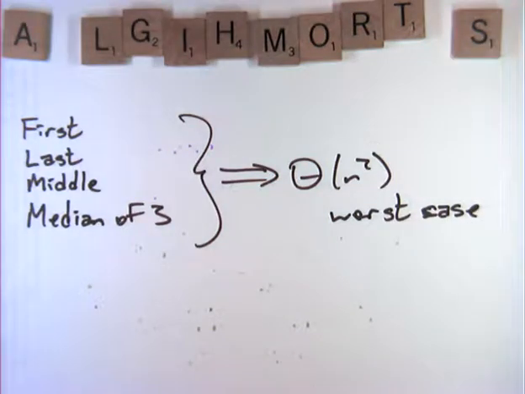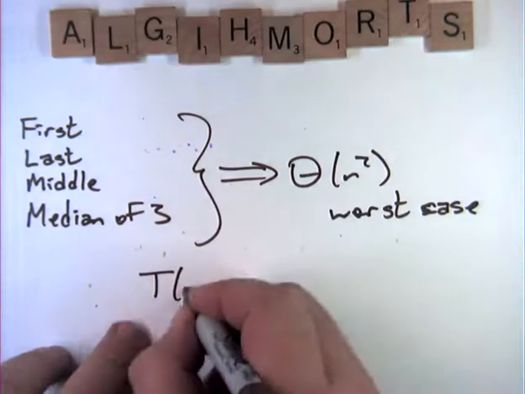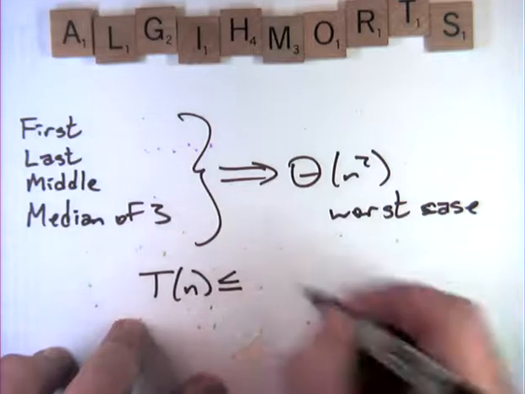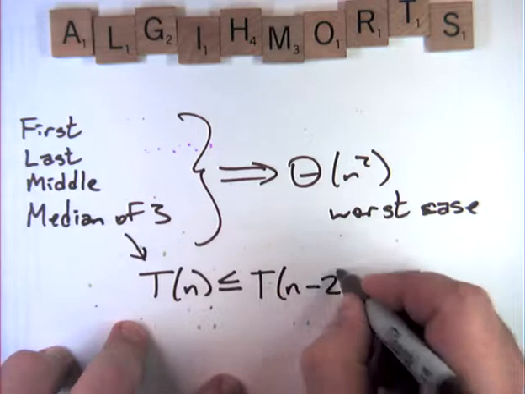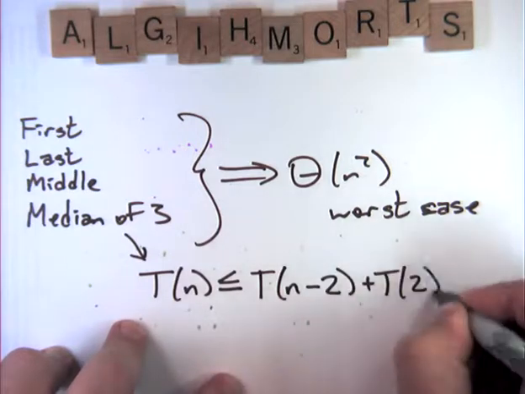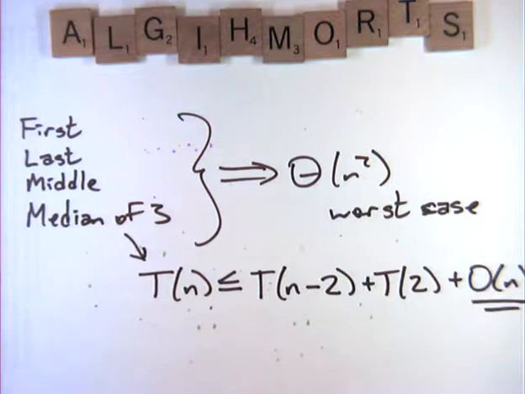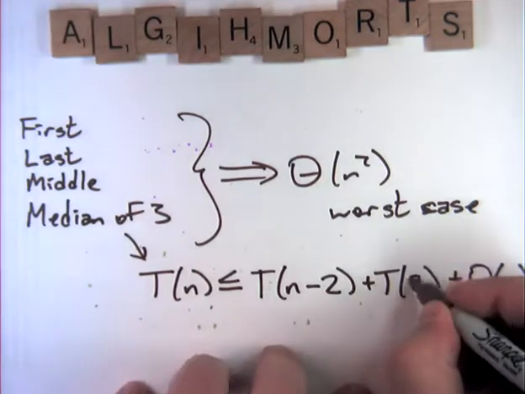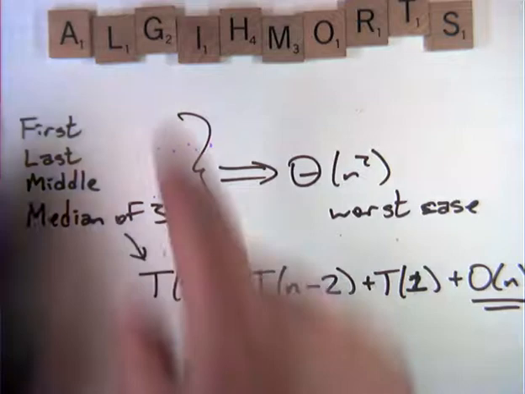Okay? And the reason is that for each of these, you're going to end up with a recurrence that looks, in the worst case, say for median of 3, like this. I'm going to need linear time to actually do the partition, and then I will split the array into 2 parts. Actually, I think it's T of 1. So in the worst case, my median is actually the second smallest thing.